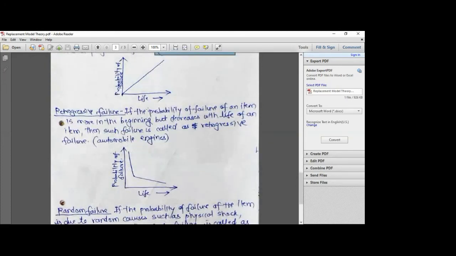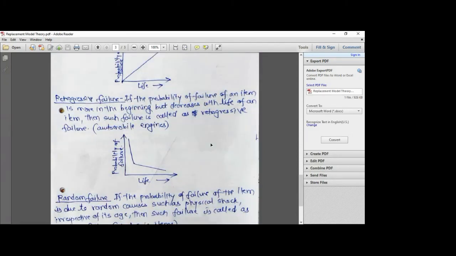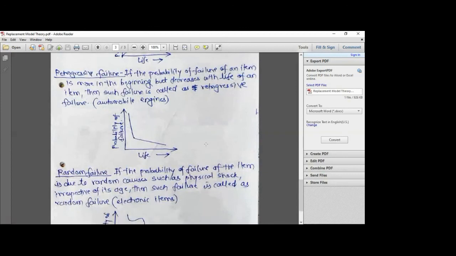What is a retrogressive failure? Retrogressive failure is that failure where the probability of the failure of an item is more in the beginning, but it decreases with the life of the item. Such failure is called the retrogressive failure, right? This holds true for an automobile engine.